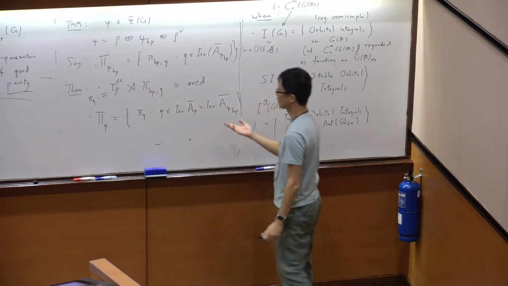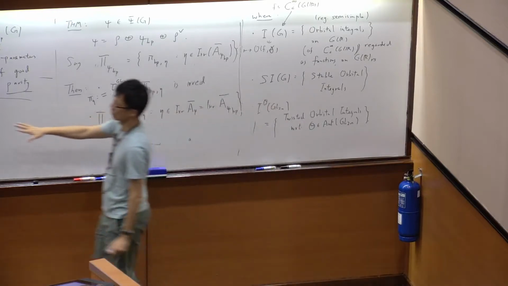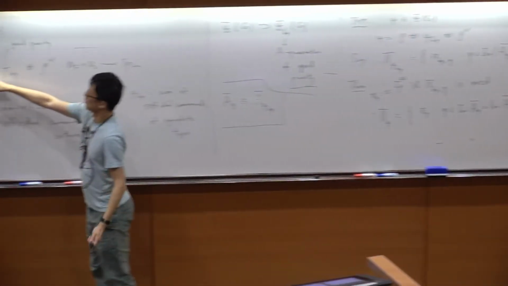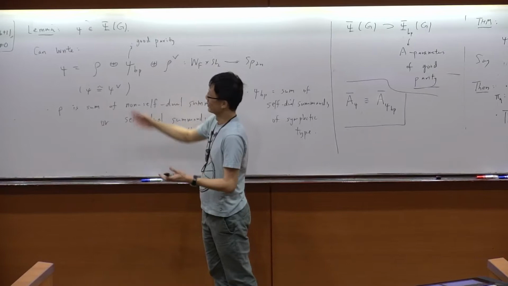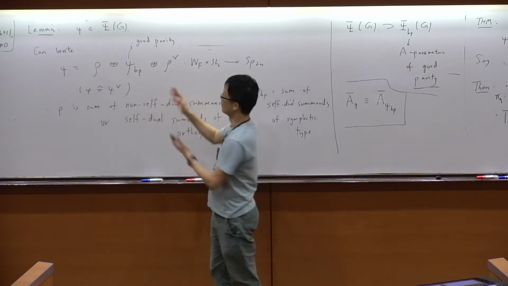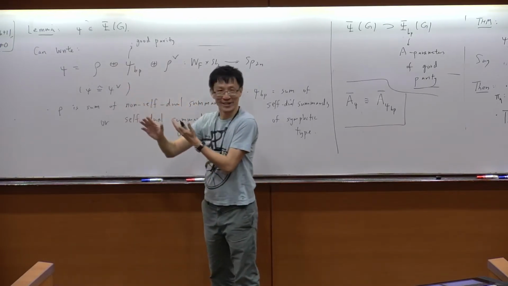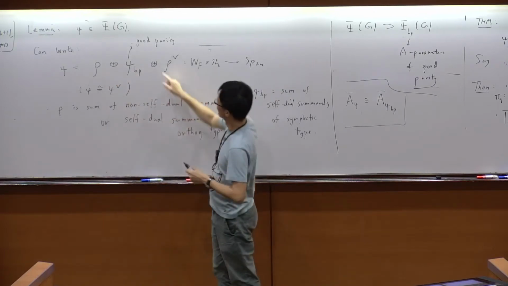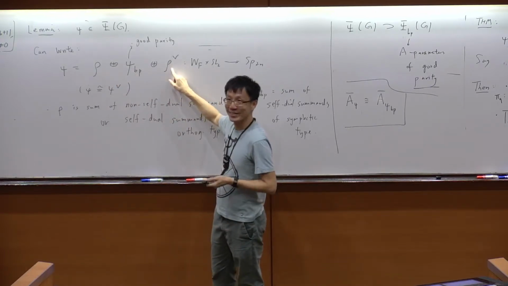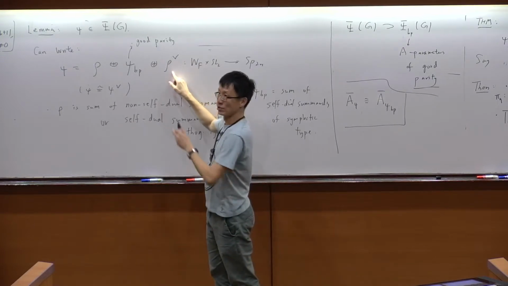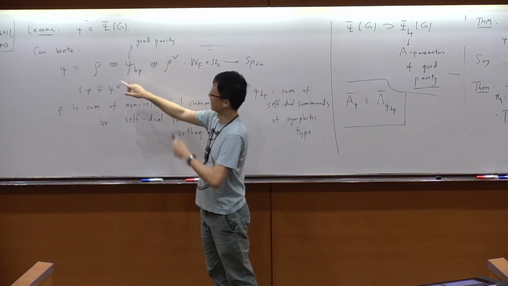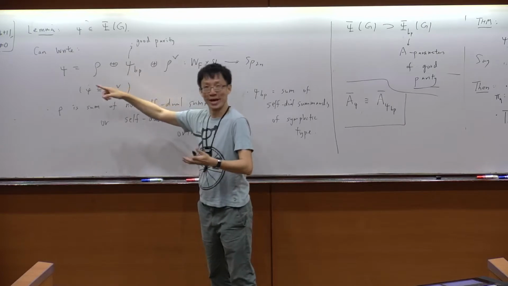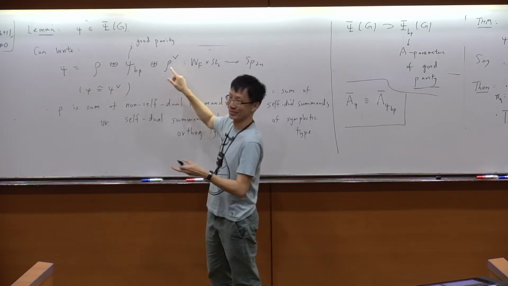Okay? And maybe one comment to make is that, of course, this decomposition is not unique, because for example, if I have a rho which is not self-dual, so rho check has to appear, but I could exchange rho and rho check. So for example, suppose rho is rho 1 plus rho 2, and this is rho 1 check plus rho 2 check, right? So I can, of course, exchange rho 2 and rho 2 check. I can write rho 1 plus rho 2 check, and this other guy, rho 1 check plus rho 2.